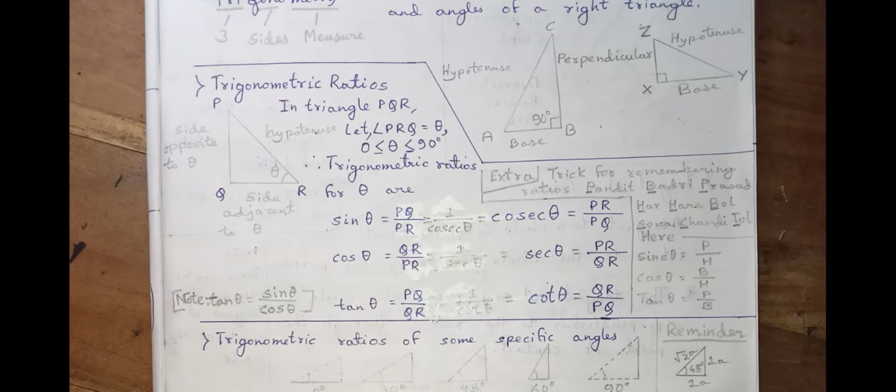Why? When you divide sin theta by cos theta, the denominator of sin theta, PR, and the denominator of cos theta, PR, is common, that is the hypotenuse.